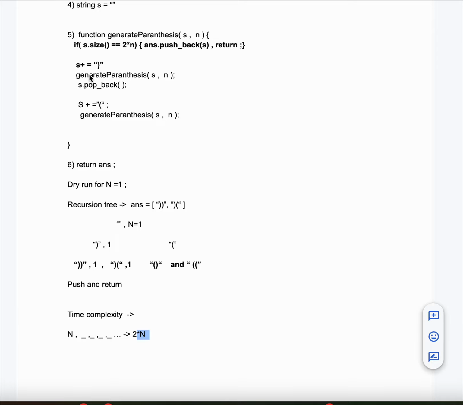We are adding this, we are adding that, and after it we are making the recursive call.